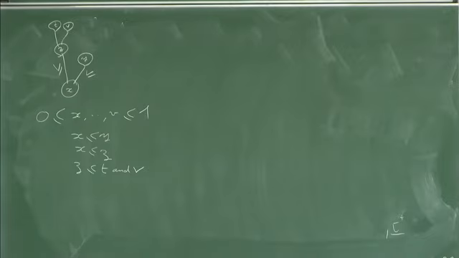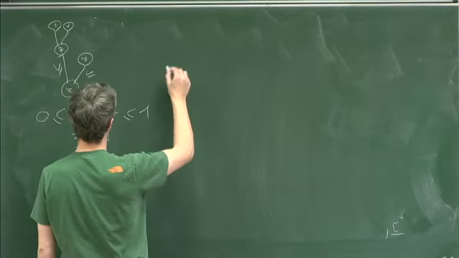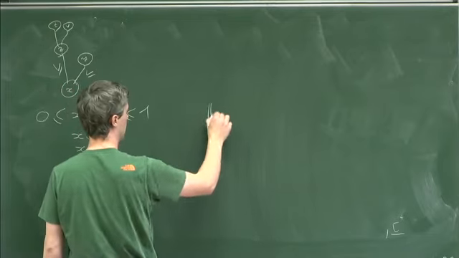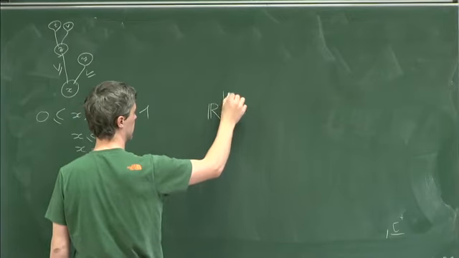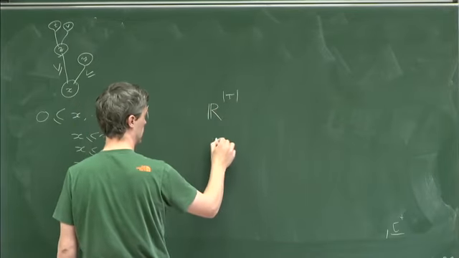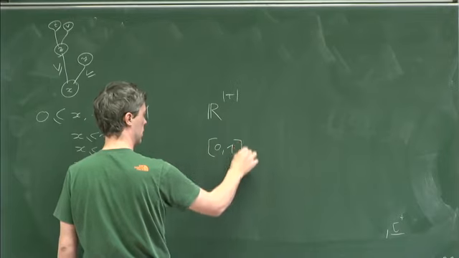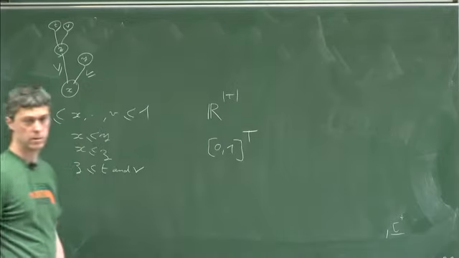Okay? And so this is a polytope. This lives in R to a power of the size of t, and it's even in [0,1] to a power of the size of t.